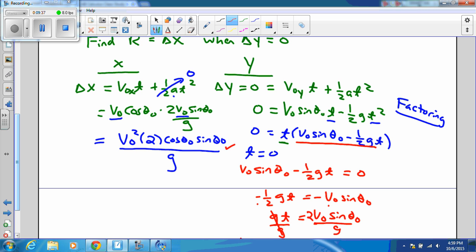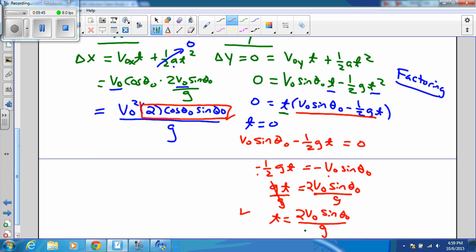Now comes a slight bit of trig magic. If you have already been through trig, then you may recognize this quantity right here. If you've not yet been through trig, then I'll just go ahead and tell you that this quantity, 2 times sine theta times cosine theta, just so happens to be exactly equal to the sine of 2 theta.